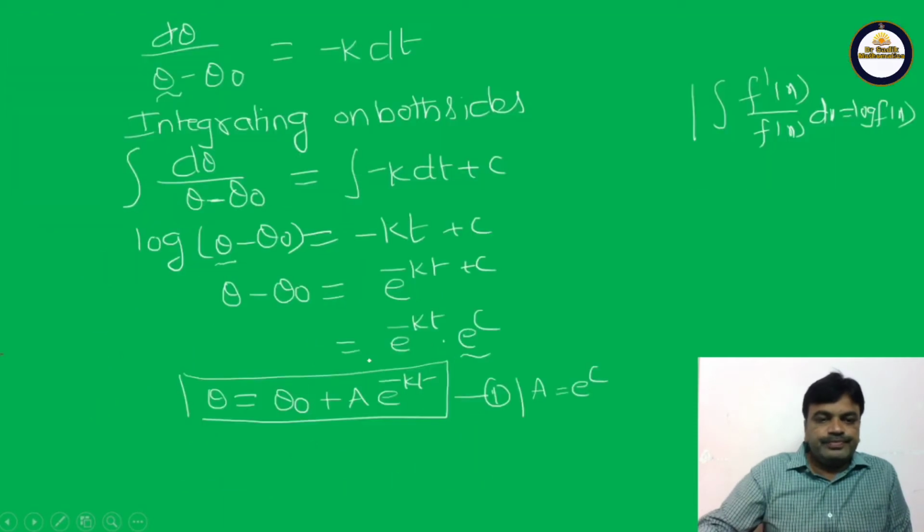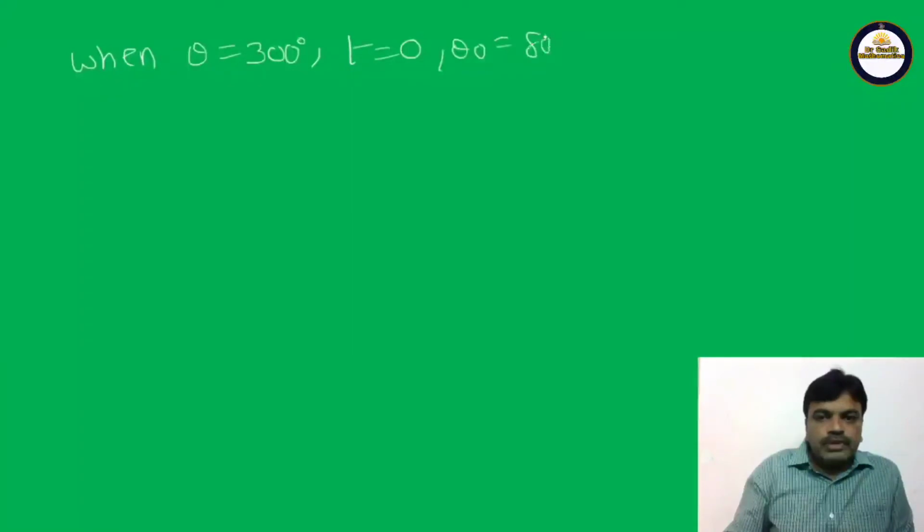Substituting in equation 1, we get 300 equal to 80 plus A into e power −k into 0.